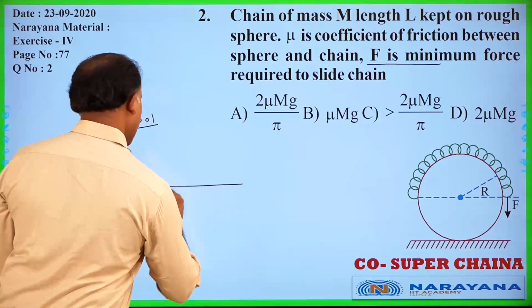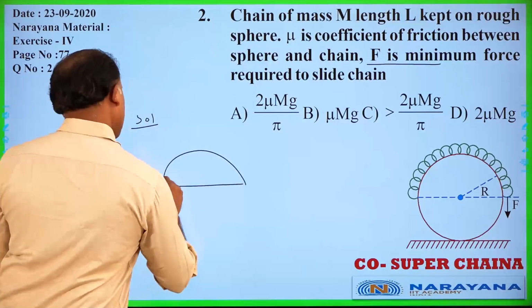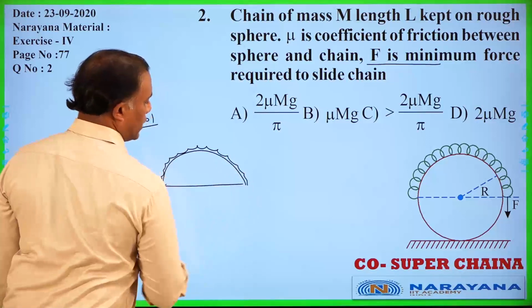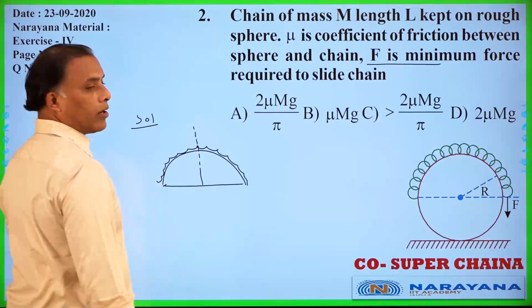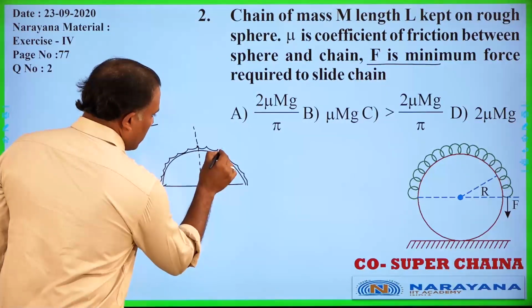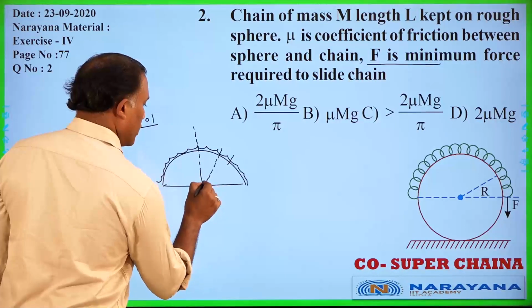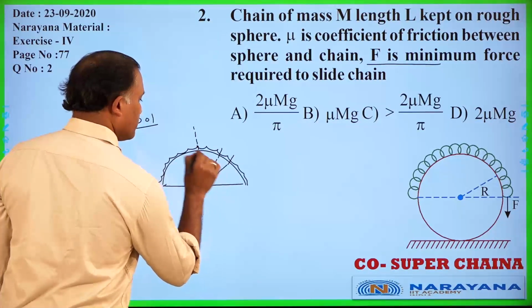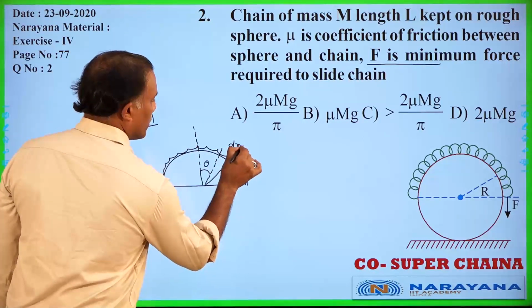Let me take the diagram. So here is the chain like this, and this is the normal. Here I am considering a small portion where this is making an angle theta, and this mass is dm.